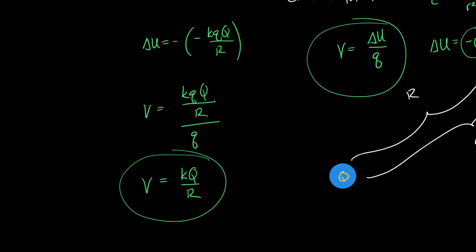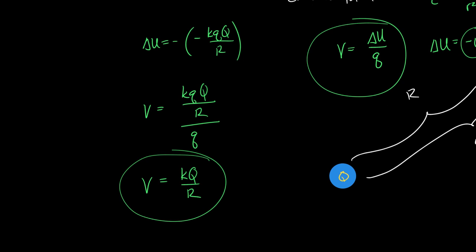Do you understand what I mean by this? I would expect that if I'm getting close to the charge and the charge is pushing me away, it should gain potential energy. It's like when I try to lift something away from the earth.